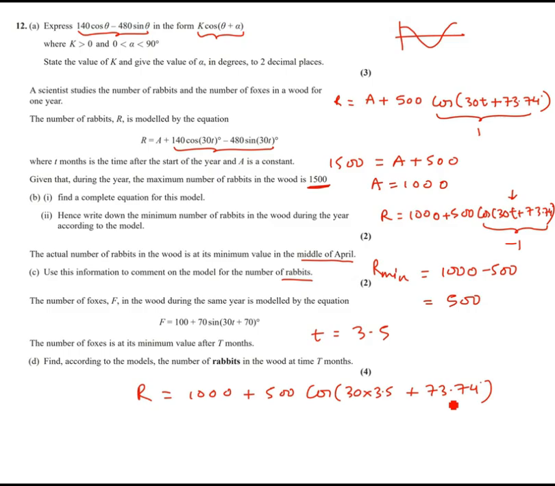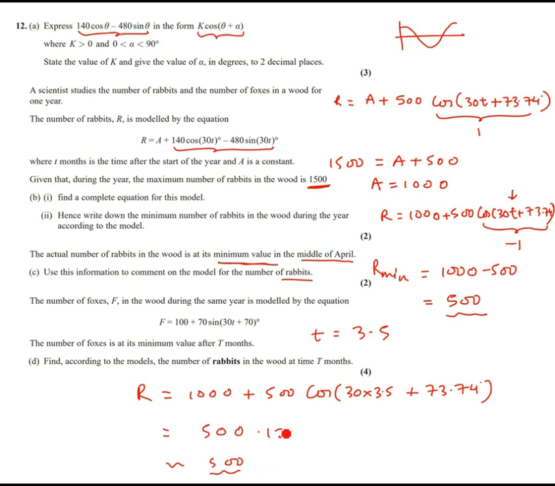I work out this value and then multiply by 500, which is roughly minus 499, and then add 1000. This gives me roughly 500.12, which is roughly 500. So this is kind of the minimum value, and the minimum value is 500. So roughly the same, so this model is still valid.